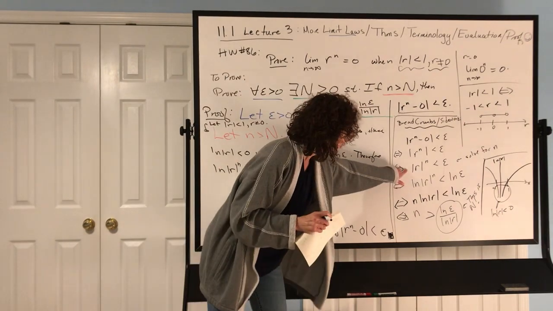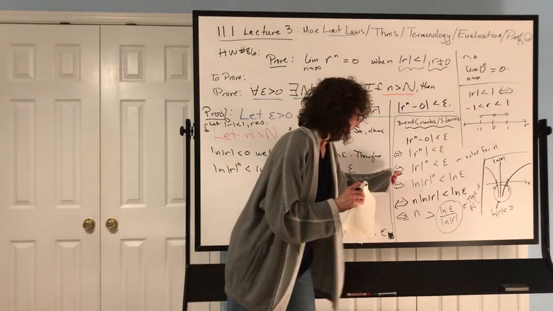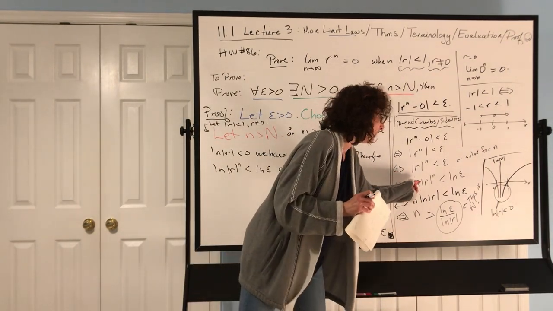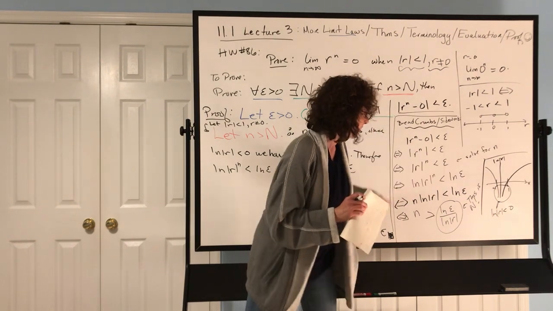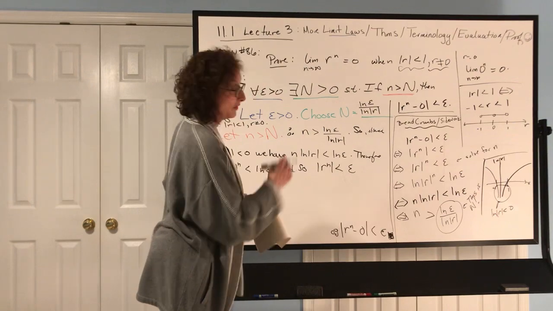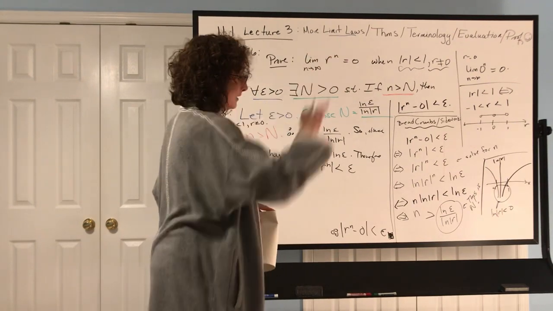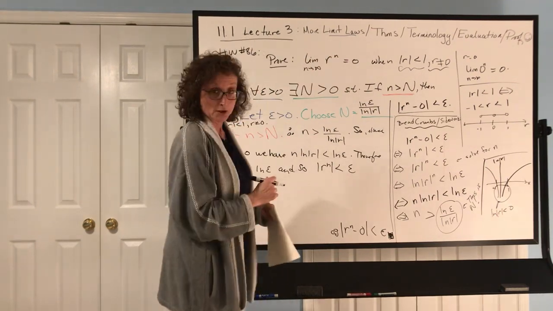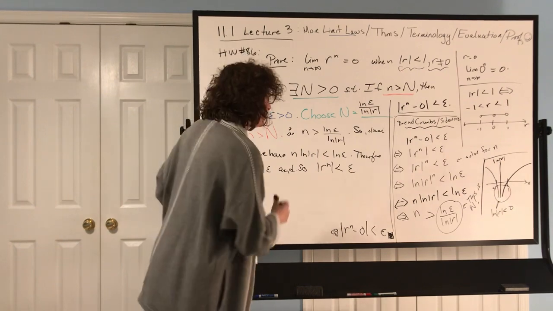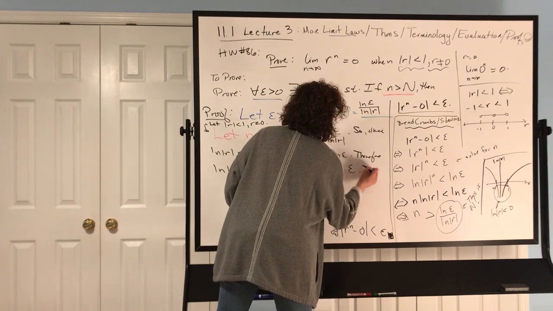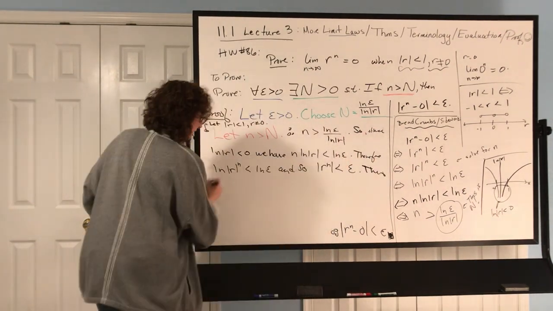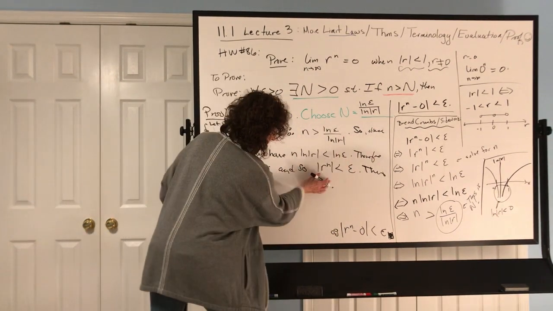Really, from here to here, what are we doing? We're again using the fact that natural log is monotonic, or really taking the exponential of both sides, and using the fact that the exponential function is itself monotonic increasing as well. Okay, and then we're here, thus, oh, whoops, we left way too much space.